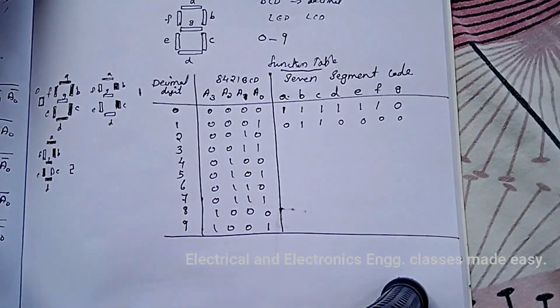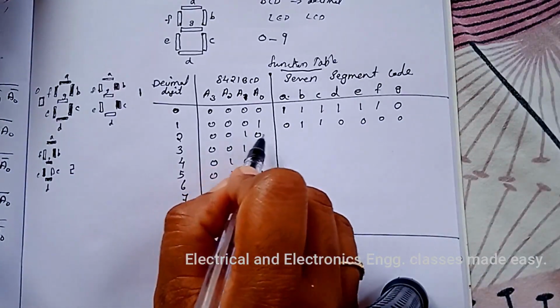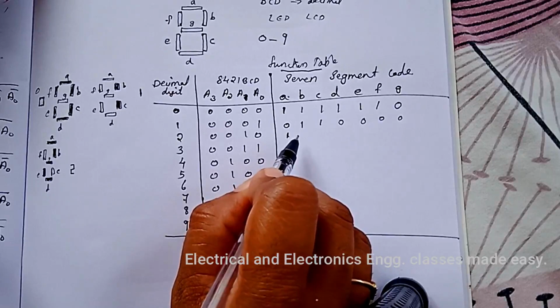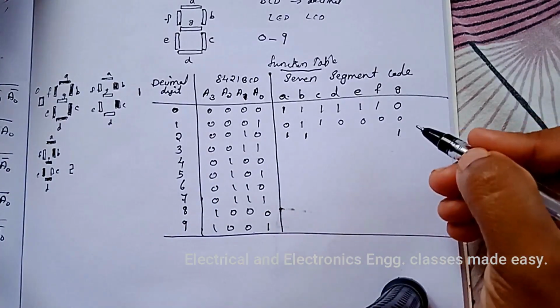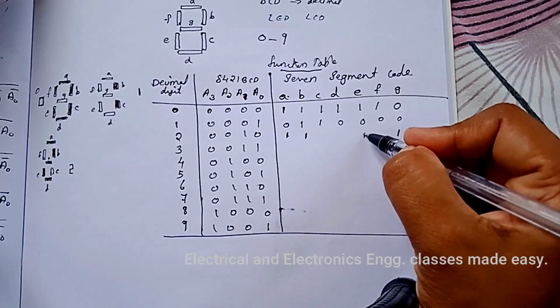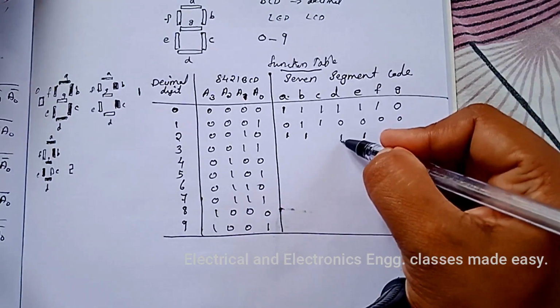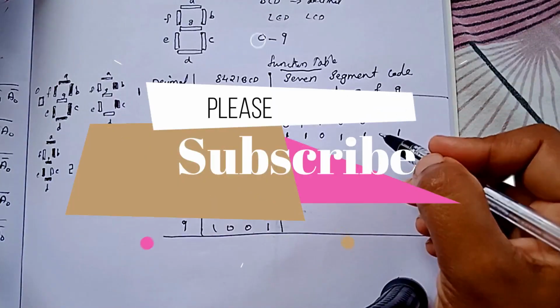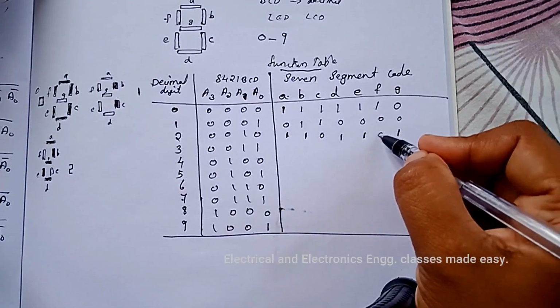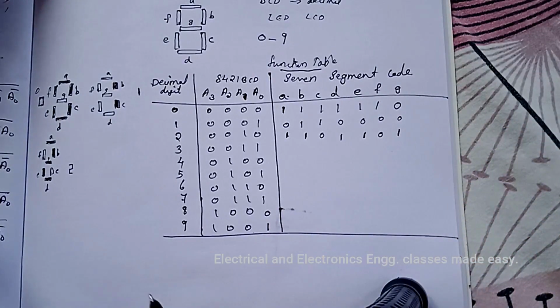So A, B, G, E and D will be at logic 1 and C and F are at logic 0.